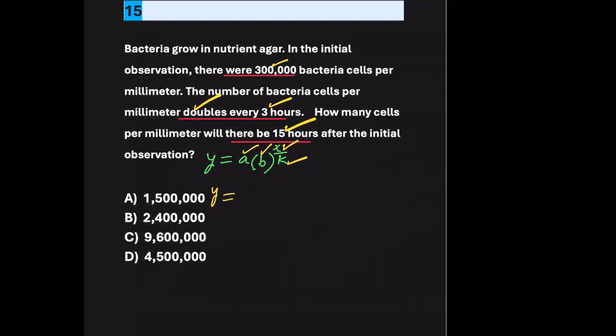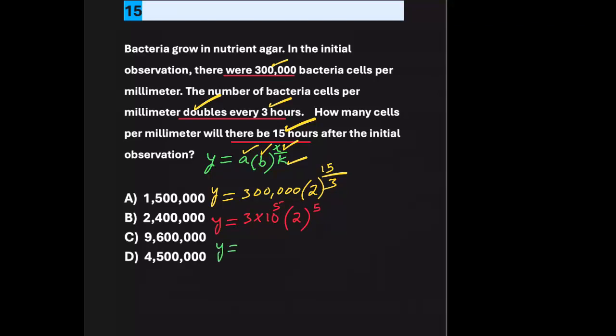Y is equal to A, the 300,000, times a factor of 2, which is B. So we have 2 to the power of x, which is the 15 hours, divided by k hours. So we have 3 here. We can write the 300,000 in short form as 3 times 10 to the power of 5, and that 5 is the 5 zeros, times 2 to the power of 15 divided by 3, which is 5.